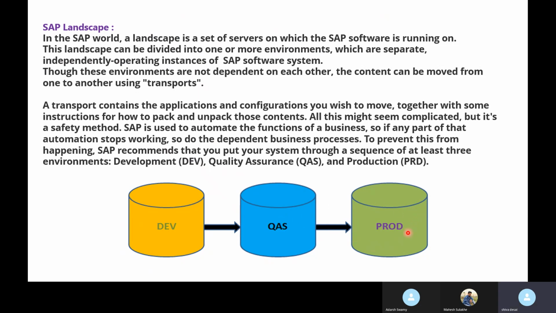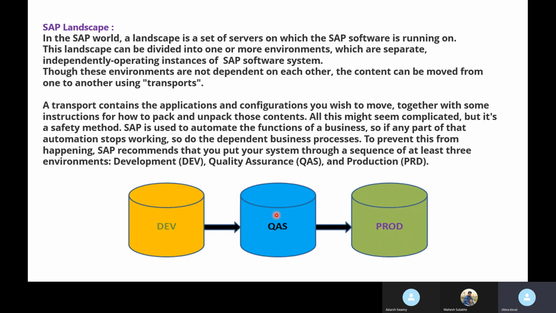When you move the data, it is called a go live. Here only the end users, the business employees, will start using the data, not from this or this. Here is the final data.